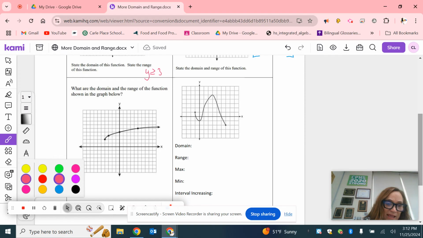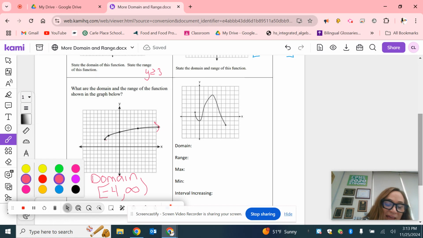Okay, so if I go to the left, it looks like there's this endpoint right here, and that is at negative 4. So for my domain, I'm going as low or as left as negative 4. And then there's this arrow here, which means it keeps going. It goes on forever. So that would be positive infinity.